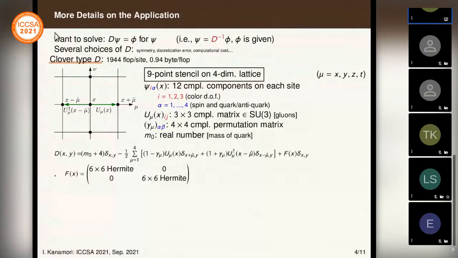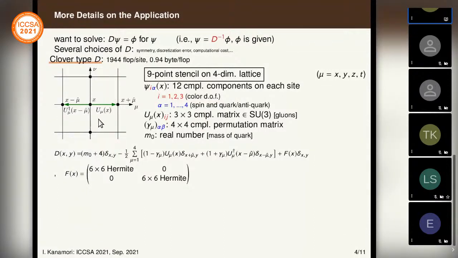So here is a bit more detail of the target system. There are several choices of this sparse matrix D. In this talk, we focus on the so-called Clover type of D. It is a 9-point stencil computation on a 4-dimensional spacetime lattice. And this picture depicts the structure.